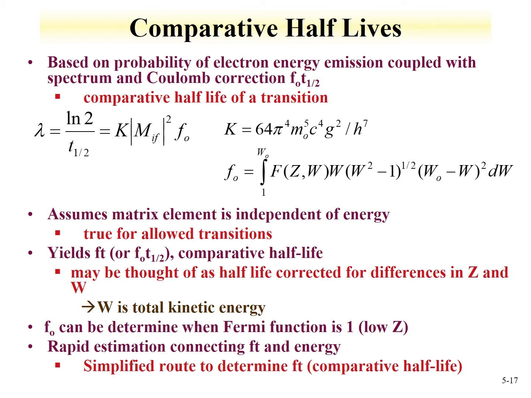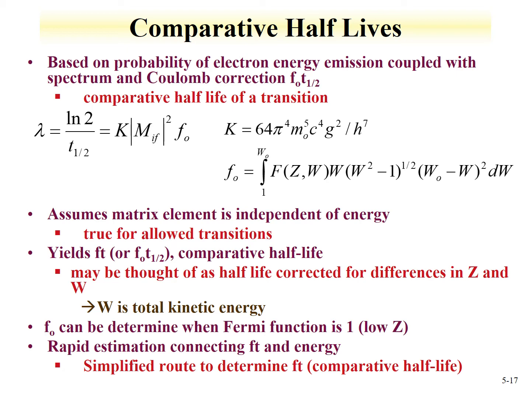Our K term is a mixture of a number of constants and a Fermi term. And this f naught term is an integration of all the energy states that are possible for this decay. This assumes that the matrix element is independent of energy, because we're not changing it as this energy changes, which is true for allowed transitions, not necessarily true for forbidden transitions.